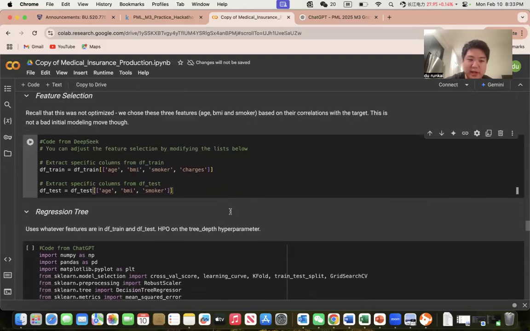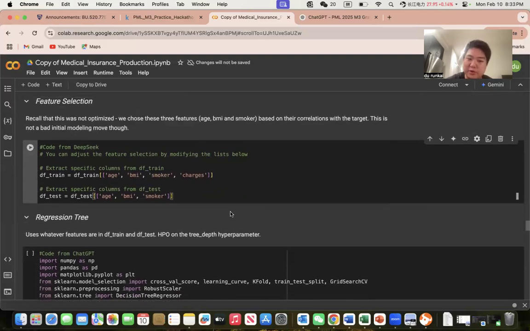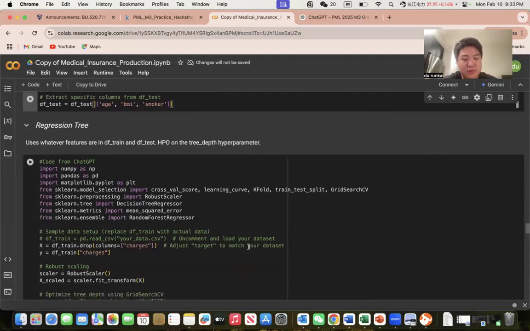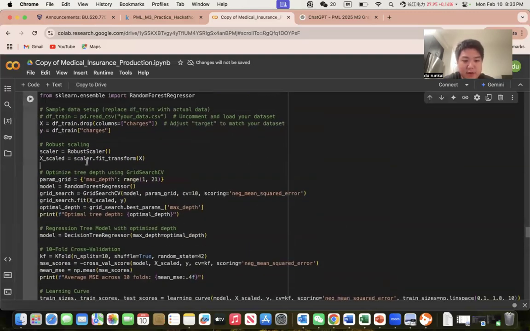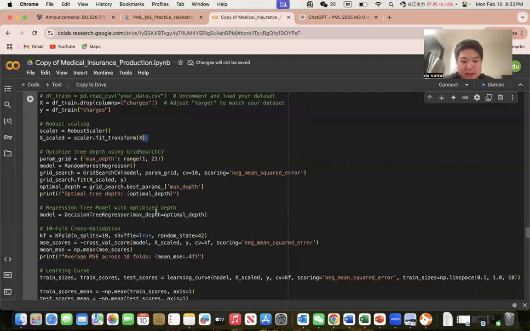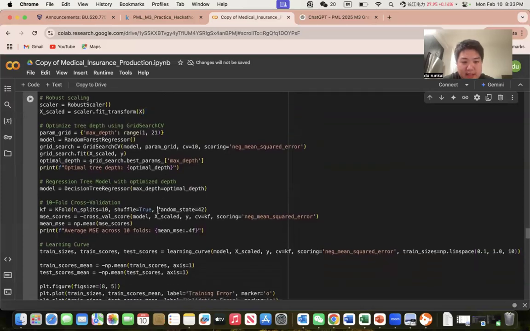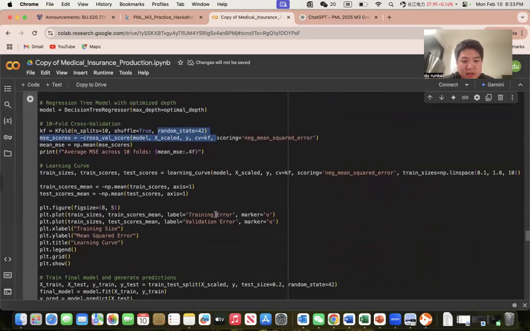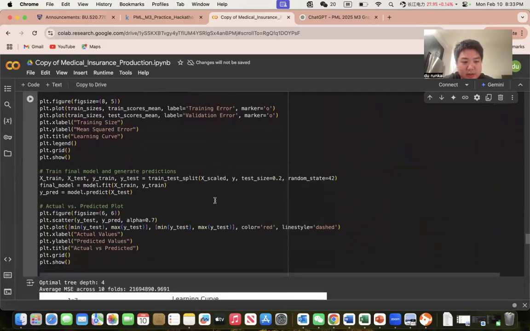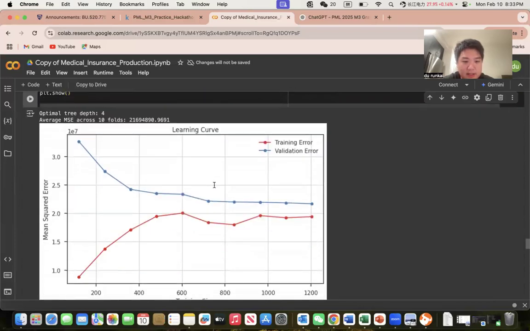Feature selection before we use the tree: the train data set for the tree uses age, BMI, smoker, and charges, and the test set uses age, BMI, and smoker. The first tree model we use is the regression tree. Same things: scale, fit, and we set the seed, with train data and test data.